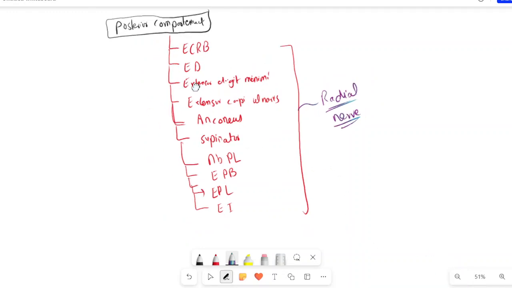Posterior compartment: extensor carpi radialis brevis, extensor digitorum, extensor digiti minimi, and all of these are supplied by the radial nerve. So you have to remember this.